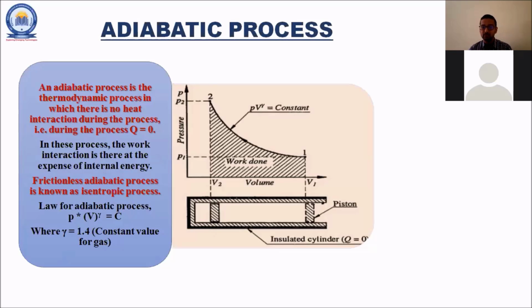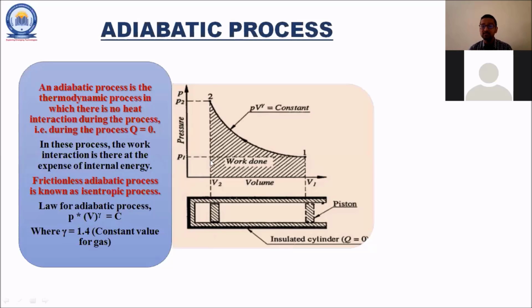Remember friends, the law for the adiabatic process is PV raised to gamma is equal to constant, where gamma is the constant term, equal to 1.4, the value always remains constant, and gamma is also known as the adiabatic index.